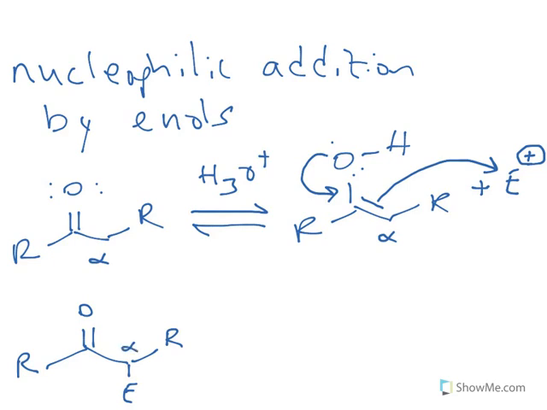If you can form the enol, remember, it's about a 99:1 ratio, so the ketone dominates, but every time you form the enol, it reacts. So we have an irreversible second step, and eventually, every time you form the enol, it reacts, thus it shifts the equilibrium all the way to the products, and we get nice clean addition by enols to the alpha carbon. So what we have here is electrophilic addition to the alpha carbon.